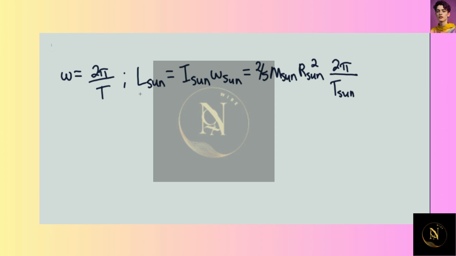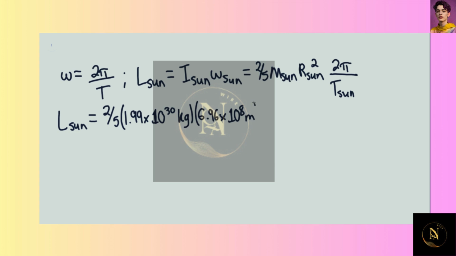And so we can actually solve this, and the angular momentum of the sun is equaling 2/5 times the mass of the sun, 1.99 times 10 to the 30th kilograms, multiplied by 6.96 times 10 to the 8th meters, quantity squared. We're going to multiply this by 2 pi divided by 25 days, because it takes 25 days for the sun to rotate about its own axis.